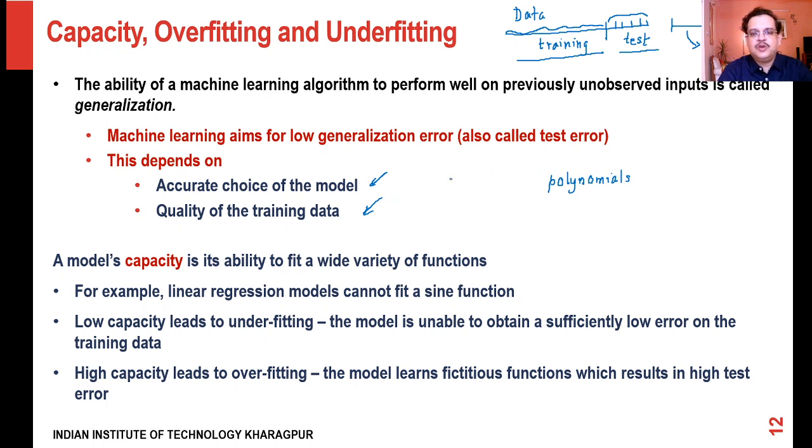The simplest polynomial is the linear function, which we saw just now, but I could look at a quadratic polynomial, or a polynomial of degree 2, 3, 4, 5, etc., and then try to fit that function.